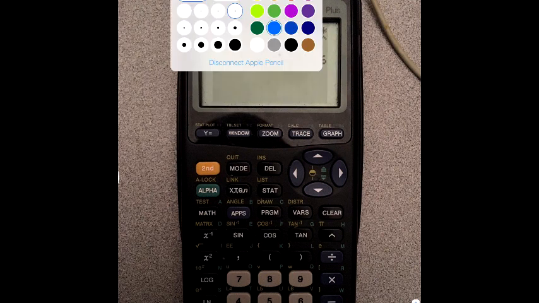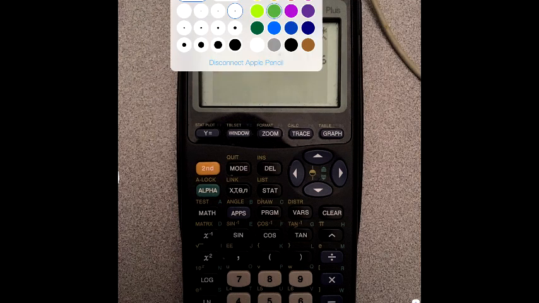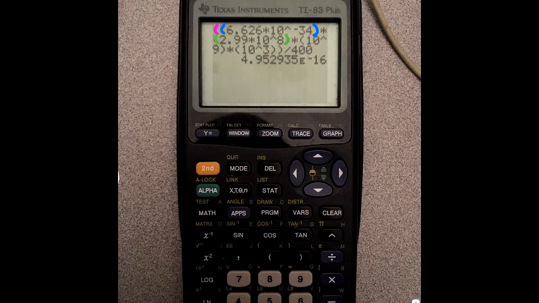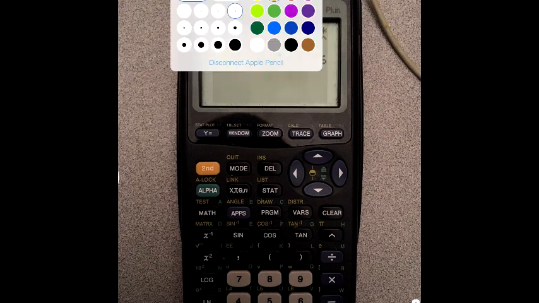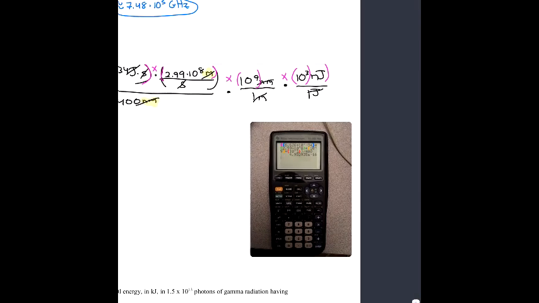Then you're going to have, I'll make that green, your speed of light and another set of parentheses. You're going to have your conversion factor for nanometers and another set of parentheses. Then you're going to have your conversion factor for kilojoules and another set of parentheses. Did I say kilojoules?